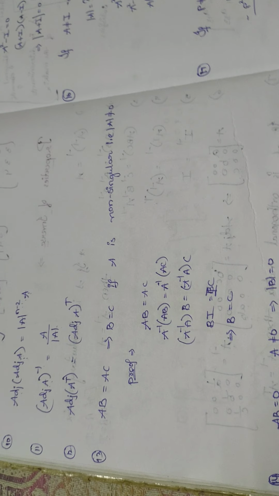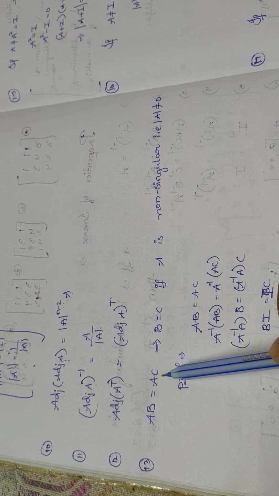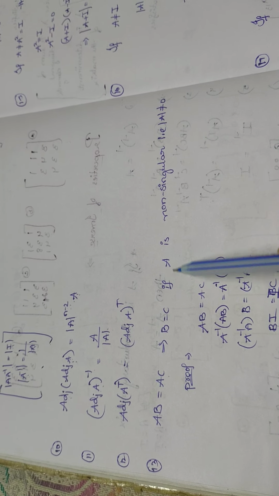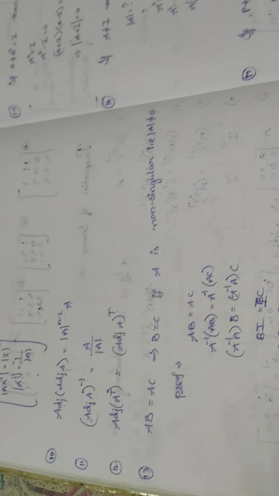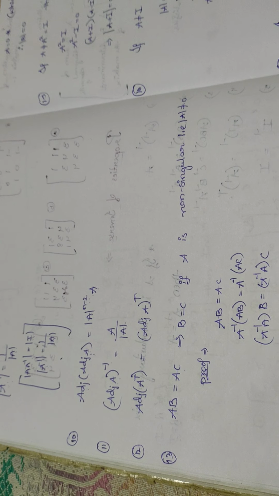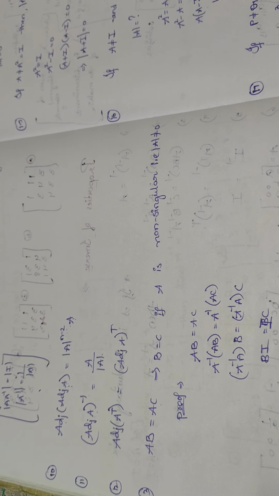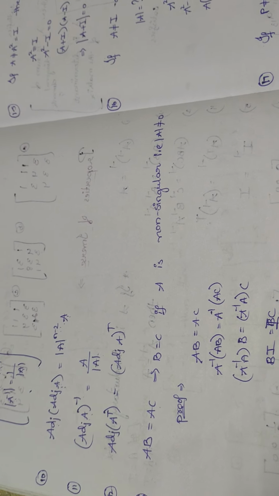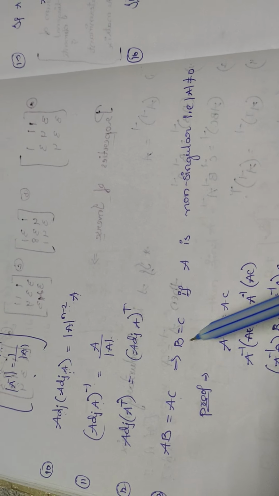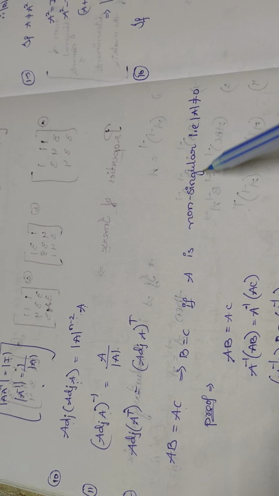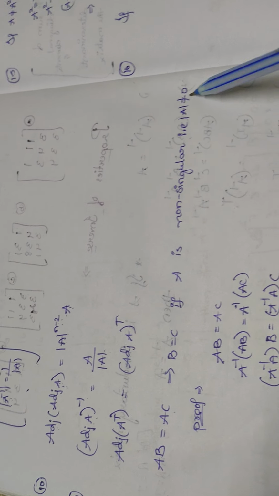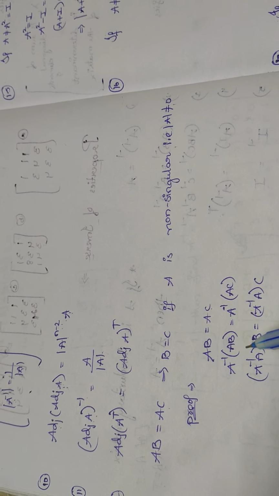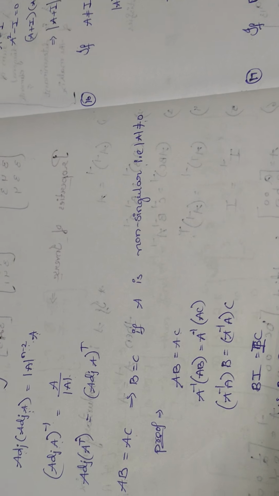Next one, if AB is equal to AC, implies B is equal to C if A is non-singular. Actually in matrices, if AB is equal to AC, then B need not be equal to C. But B is equal to C if A is non-singular, that is, determinant of A is not equal to 0. Once you see AB is equal to AC, multiply A inverse on both sides. Remember, for AB, if you multiply A inverse on the left side, you should multiply A inverse on the left side for AC also.